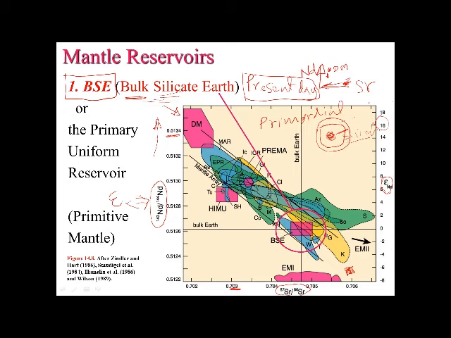But in the original situation, the silicate portion we consider as the primordial parent material for our planet. Of course, the metal part was there, concentrated in the core. So that original, primordial composition, the silicate portion, is considered as the bulk silicate earth, or the primitive mantle.